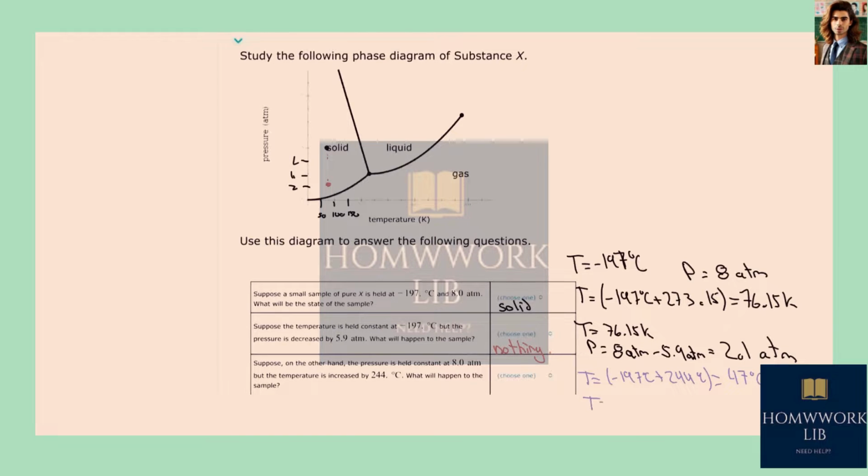So when we convert it into Kelvin, it's going to become 320.15 Kelvin. The pressure is going to be 8 atmospheres because that is given. So we go from here all the way to around this point over here, right where it says liquid. So that is the position of the last point. What is going to happen is that the sample will melt and will become liquid.